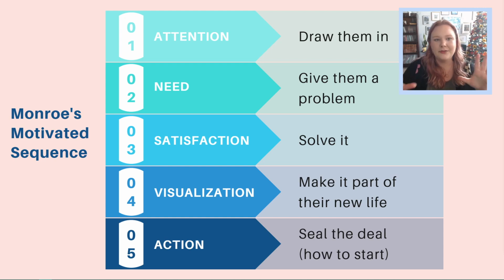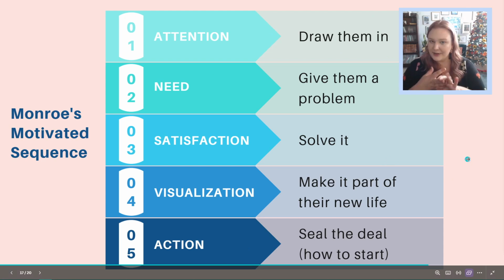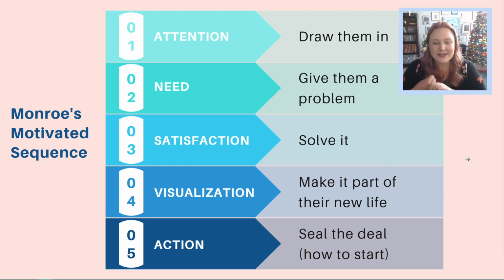So now that we have discussed Monroe's motivated sequence, your next steps are to go check out the diagram. I've posted this on our learning page. And then the next thing we're going to do is test your knowledge a little bit. What I've done is sort of taken short chunks of a speech, using Monroe's motivated sequence.